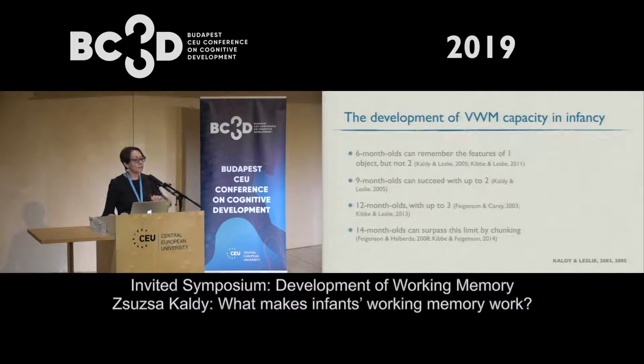They also looked at chunking, and lo and behold, with chunking, babies can hold even more than 3 objects. Now, I'm not going to go over this paradigm. It's a classic object hiding paradigm.